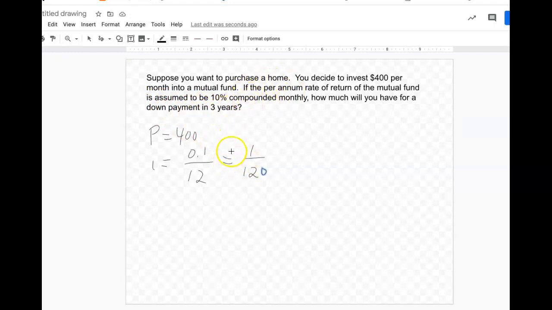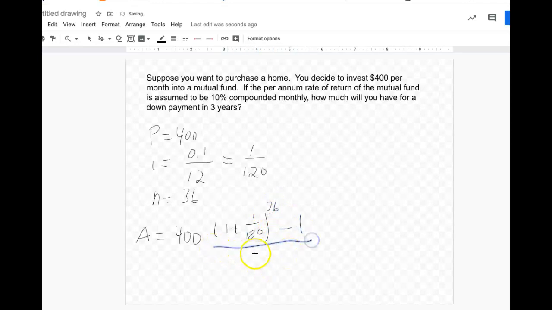We have, how much will you have for a down payment in 3 years? Everything's based off monthly, so that means that n is going to be 36. And so the amount of the annuity is going to be 400 times ((1 plus 1 over 120) to the 36 minus 1) over 1 over 120.